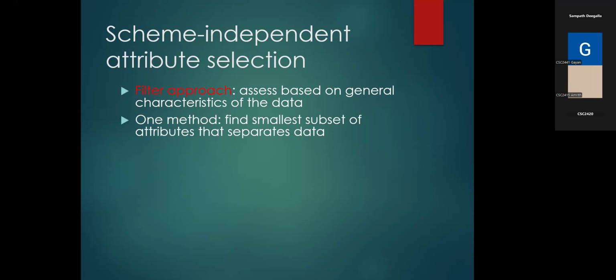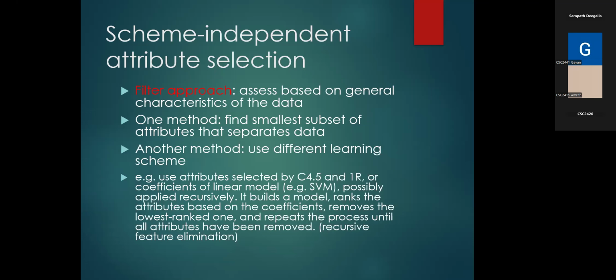The second one is you can find a smaller subset of attributes that separate the data, and then you can use that. Or else the second method is you can use a different learning algorithm. Let me give an example for this. Remember the 1R algorithm? Although it's a classifier, it's very simple.